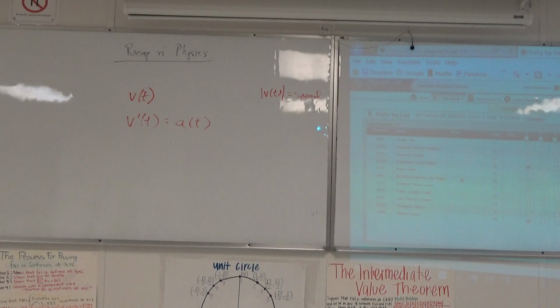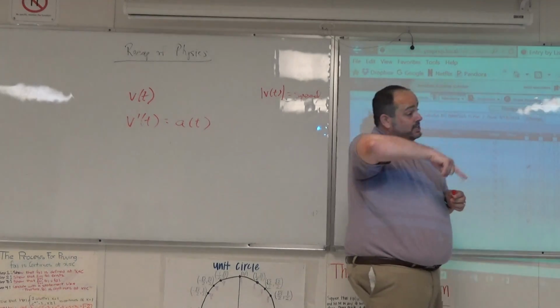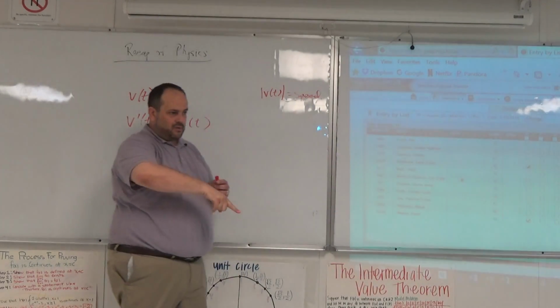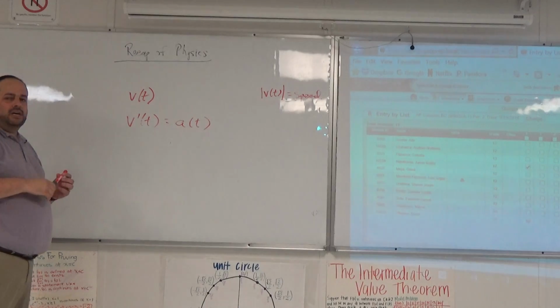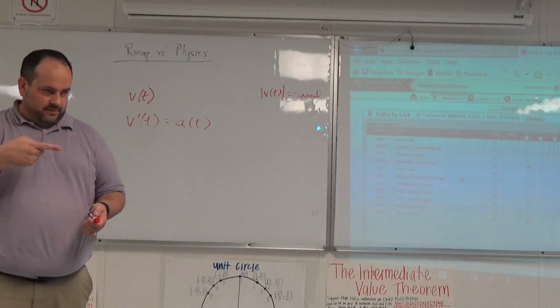Right. If the velocity has a relative max, the velocity changes from increasing to decreasing, but the acceleration changes positive to negative.